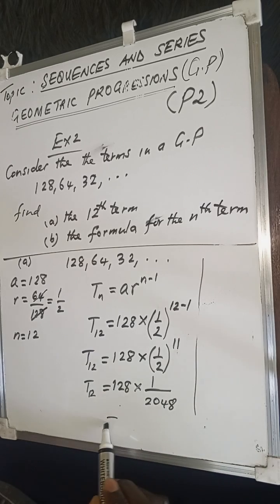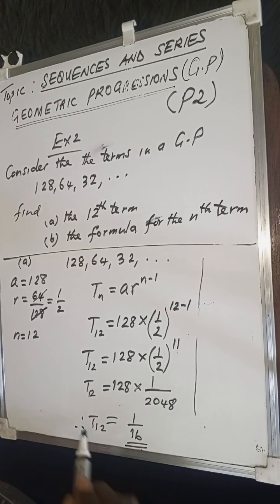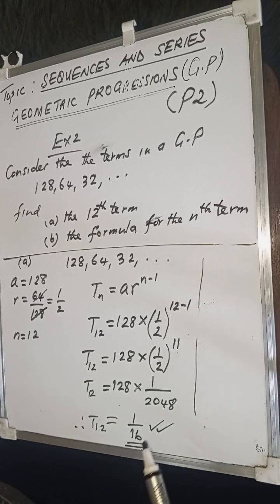So this multiplied by 128 is going to give me 1 over 16. So that is the term in the 12th position. So the 12th term is simply going to be 1 over 16. So please pay attention even as much as you multiply that.